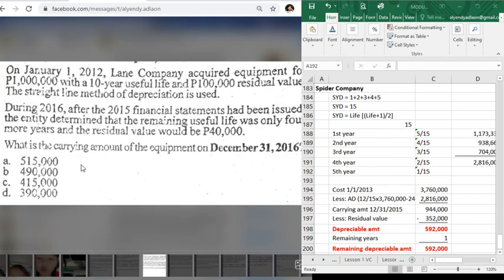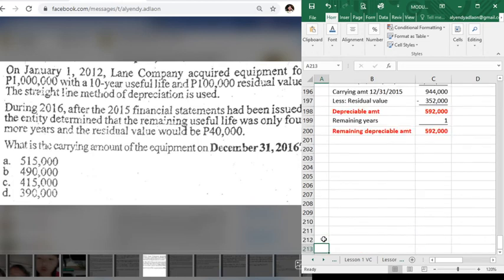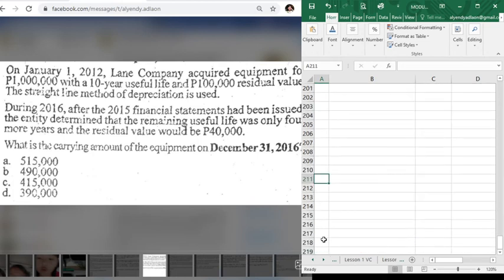Okay, we have Lane Company. Question: What is the carrying amount of the equipment on December 31, 2016? On January 1, 2012, Lane Company acquired equipment for 1 million with a 10-year useful life and 100,000 residual value.